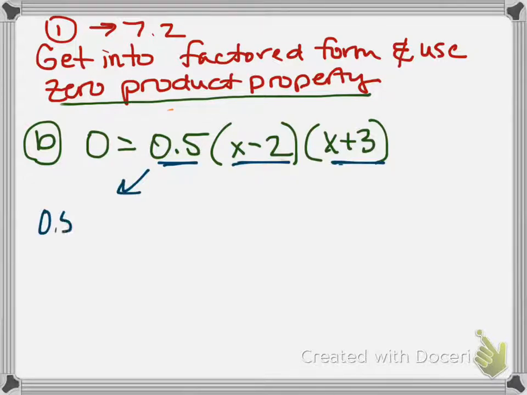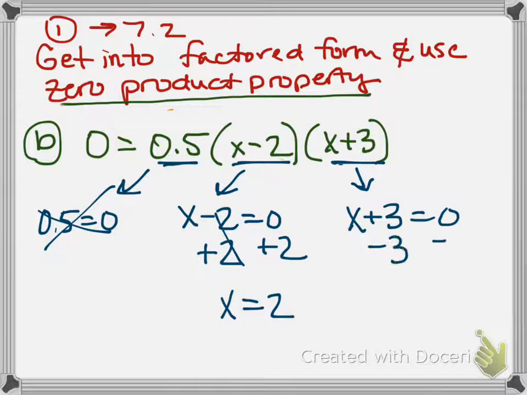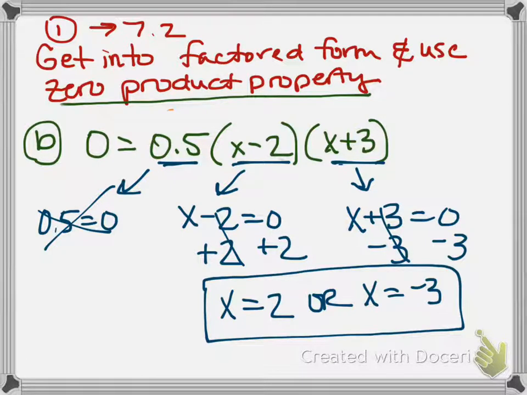So either 0.5 equals 0, or x minus 2 equals 0, or x plus 3 equals 0. I can't magically turn 0.5 into 0, so this guy's out. I can solve this, and x would equal 2, and I can solve this, so x could equal negative 3. So one or the other. And there is 1b.